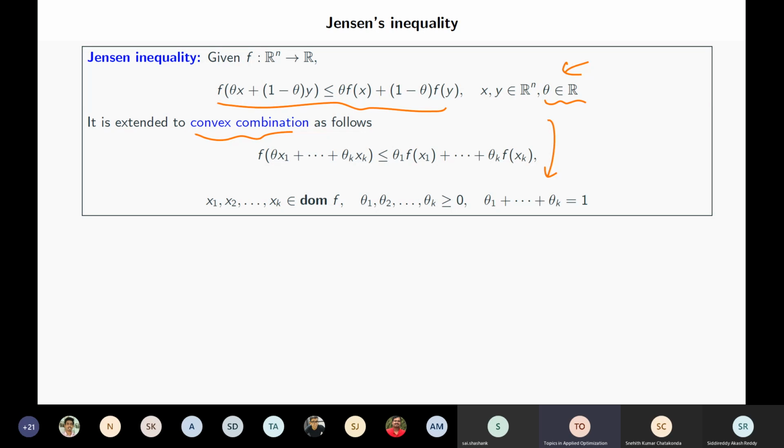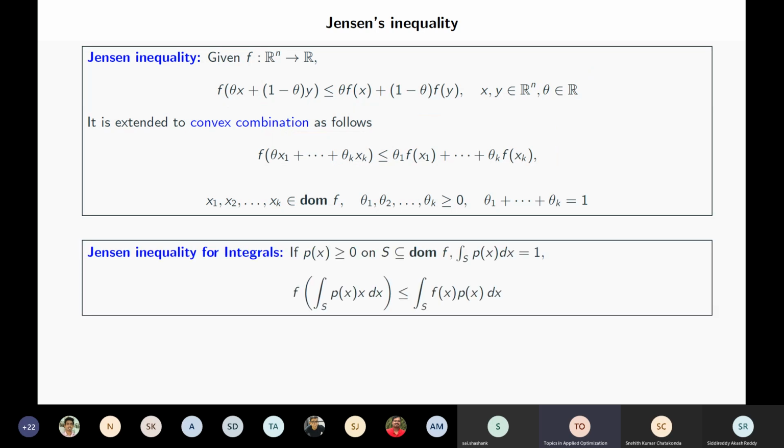We can extend this to convex combinations also: theta 1 x1 plus theta 2 x2, so there are multiple components here. In this case, we had only x and y, but we can do it for a lot of sums. So this is Jensen's inequality, and in the next few slides, we will see some examples and applications of this.